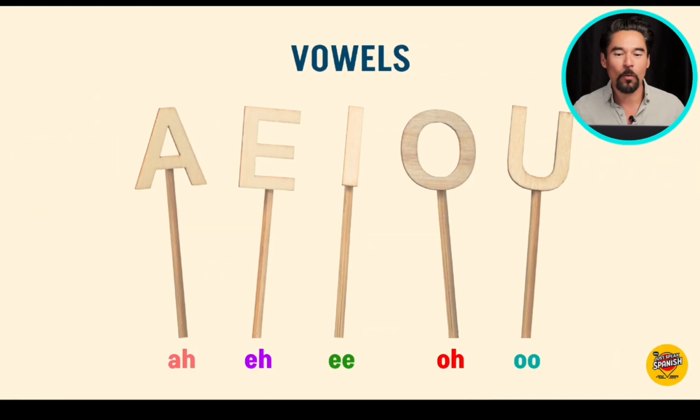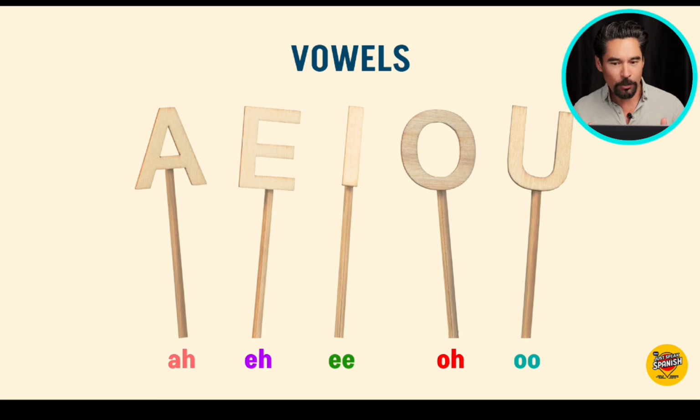We're going to begin with the vowels. In Spanish, the vowels are very important because they are a foundational sound of the alphabet. Unlike English, where sometimes vowels are pronounced and sometimes they are not, in Spanish, we always pronounce the vowels and they always have the same sound. So they don't change at all.